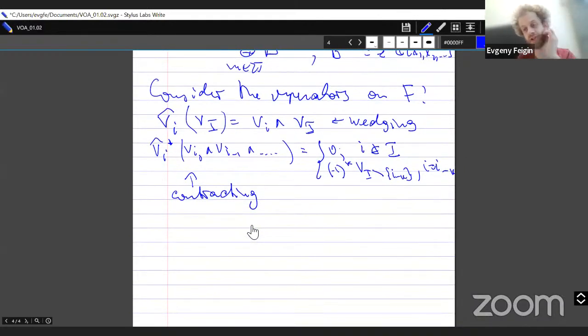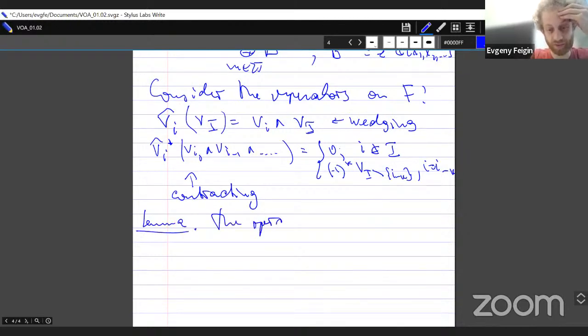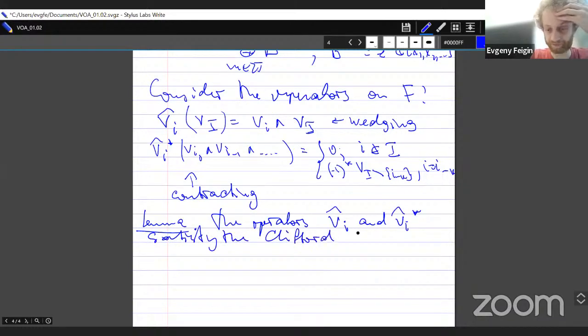This is the so-called Clifford algebra. Let me put it as a lemma. The operators v_i hat and v_j hat star satisfy the Clifford algebra relations.